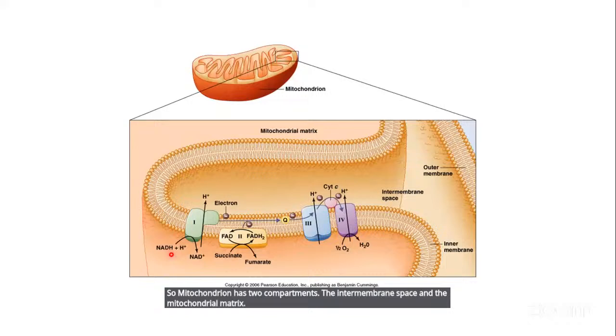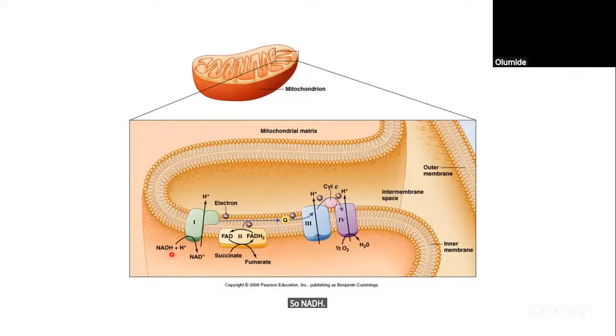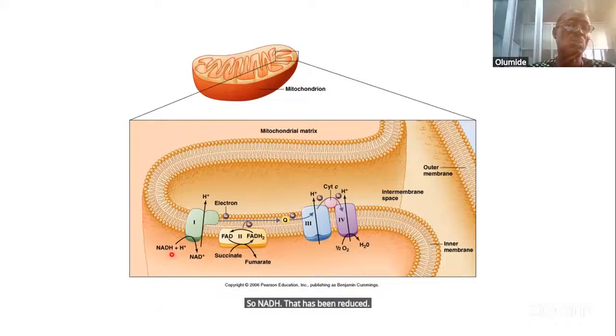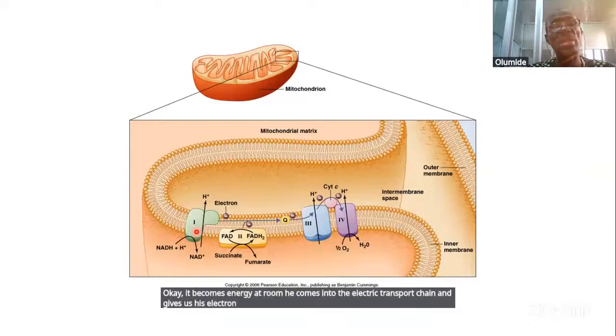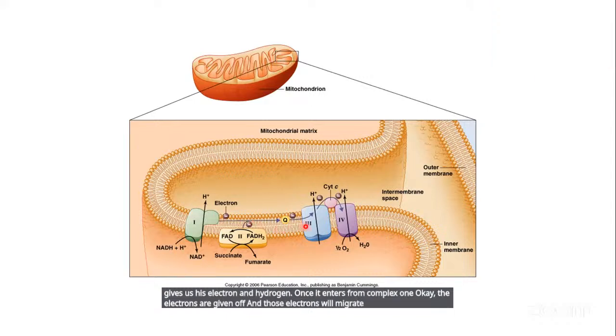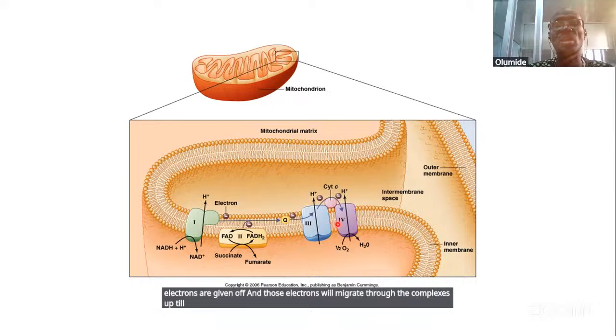So NADH that has been reduced becomes NADH2. It comes into the electron transport chain and gives us its electron and hydrogen. Once it enters from complex 1, the electrons are given off, and those electrons will migrate through the complexes up till complex 3 and 4.